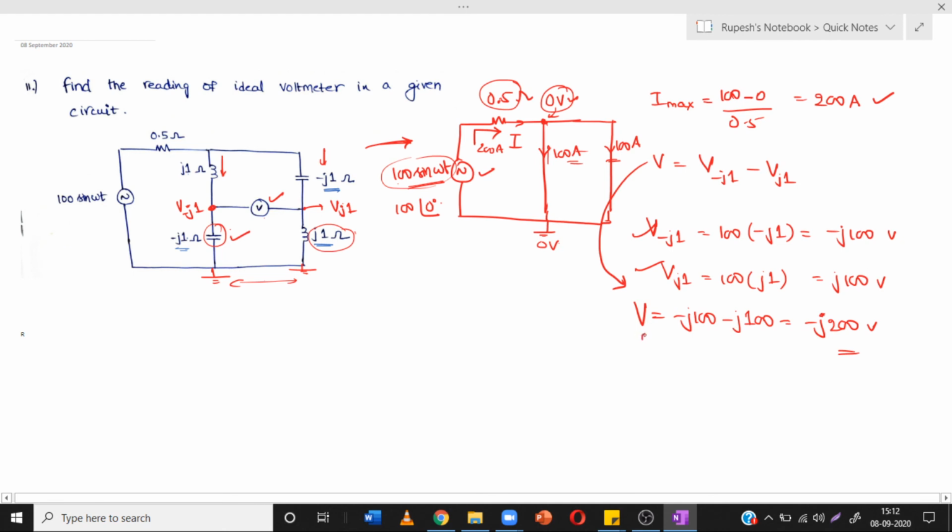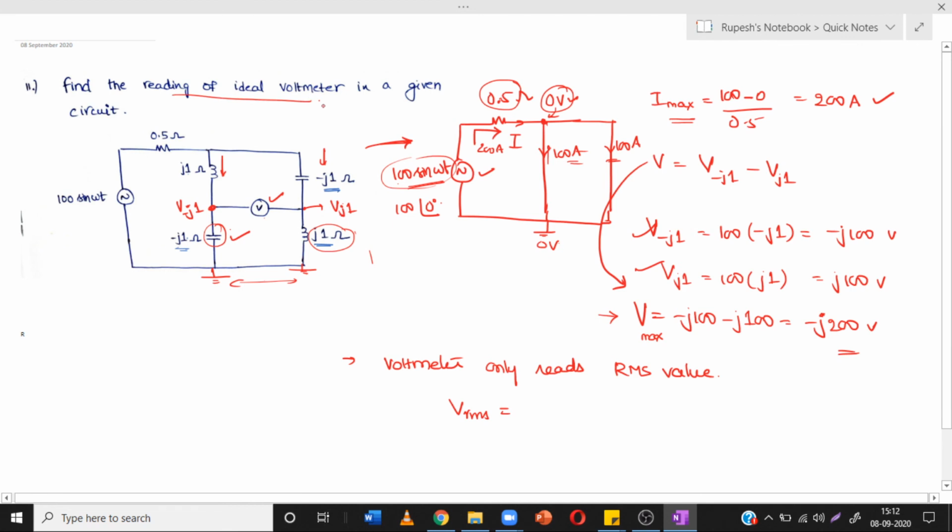So this is the maximum value of V. Why? We started with the maximum value of current and we got a voltage which should be the maximum value of V. And one more point to note here is the voltmeter only reads RMS value. So VRMS is asked in the question.